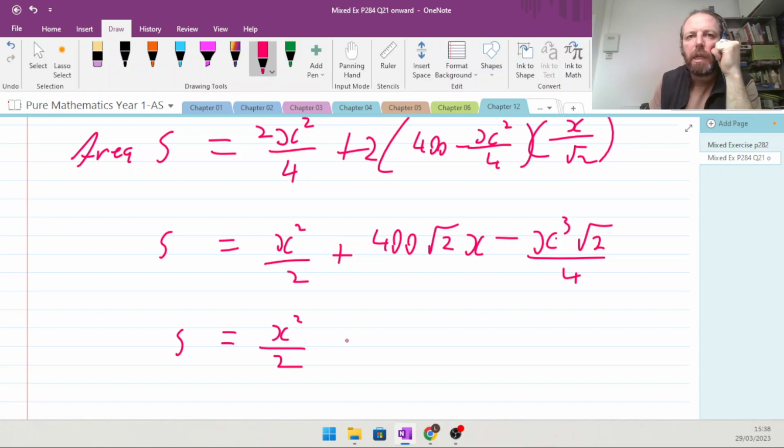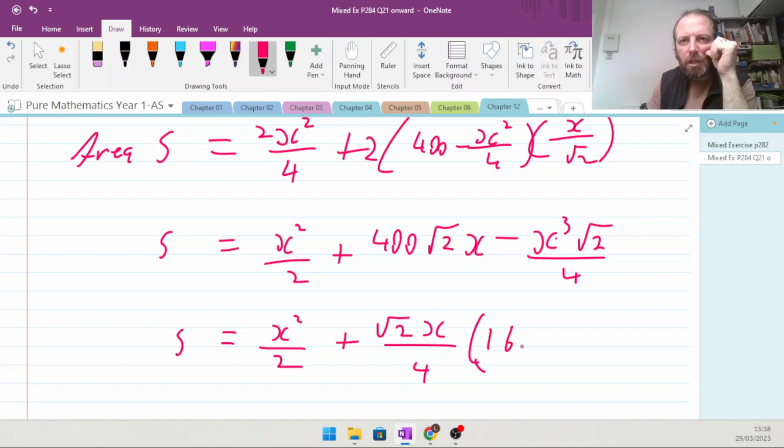I am going to take out of here a root 2x quarter. That gives me, there's 1,600 of them in there, minus an x squared.